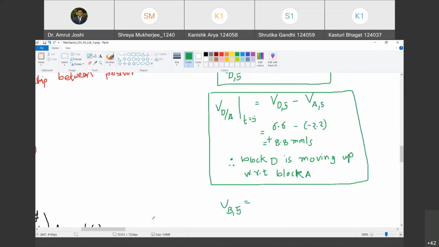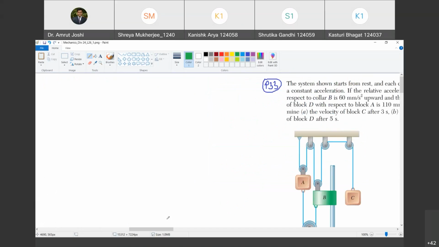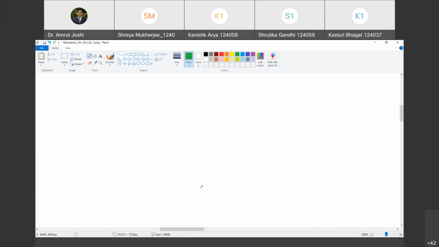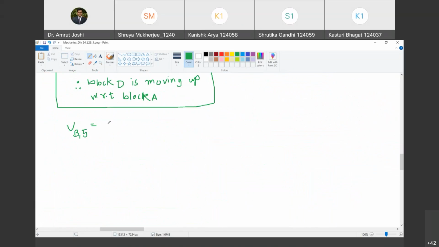जरा बताओ मुझे. So the velocity of B at time t equal to 0 seconds plus acceleration into time, u plus at.